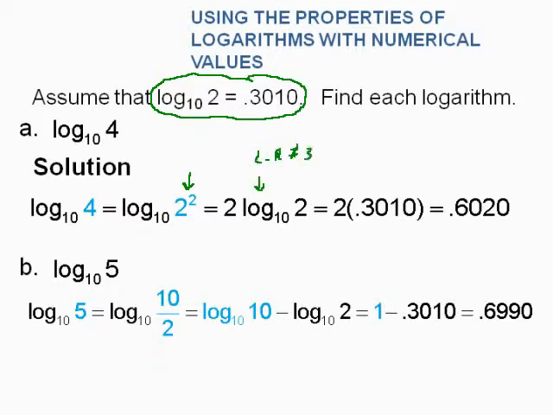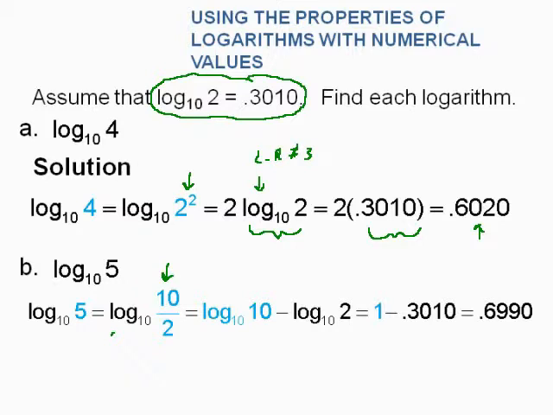Oh, so those log rules are just going to twist you every which way here. And you can write that as 2 log base 10 of 2, which up top they said is equal to this number, to get this answer. Log base 10 of 5, well, how are we going to get that in terms of 2? We would have to say that is 10 divided by 2.